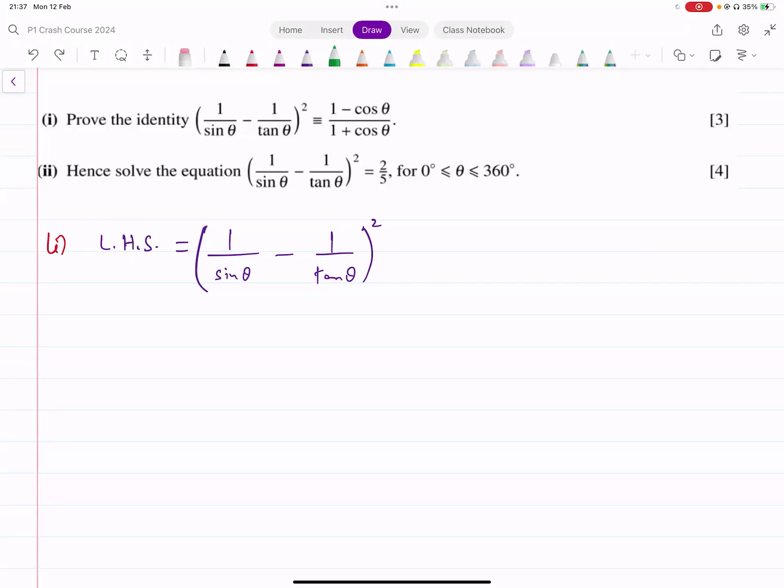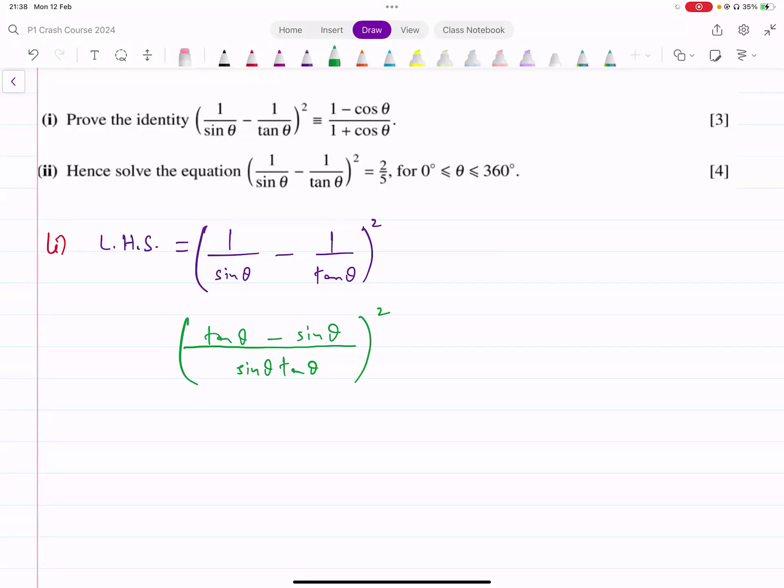What would be the problem with that? If you were to take LCM here, in the denominator you would get sine theta into tan theta, and in the numerator you would have tan theta minus sine theta, and then you have the whole squared on top of that as well. And if you convert it to sine over cos now, it's going to make things complicated.